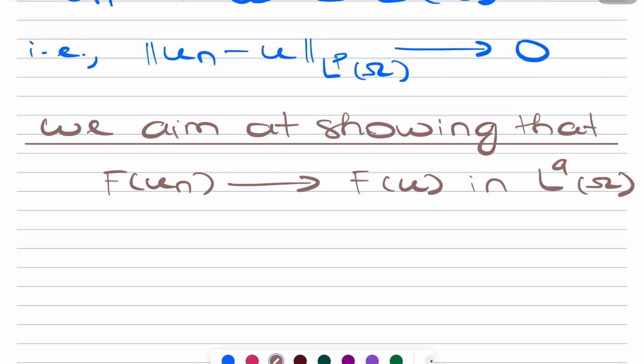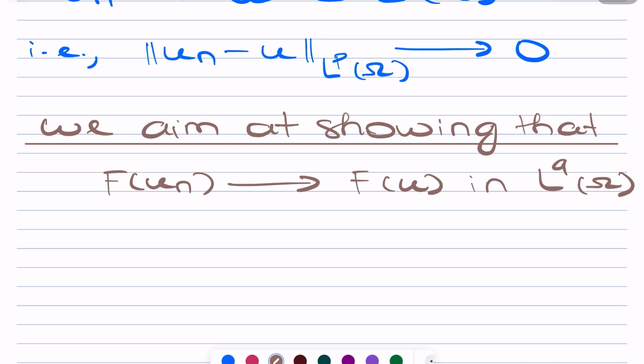Of course, the way we are going to do this: we are in LQ spaces, LP spaces, so you should always think of the notions that we know from measure theory, Fatou's lemma, monotone convergence, dominated convergence theorem.